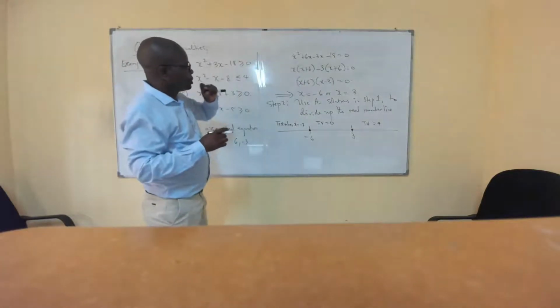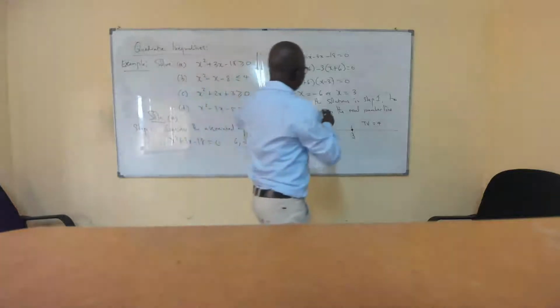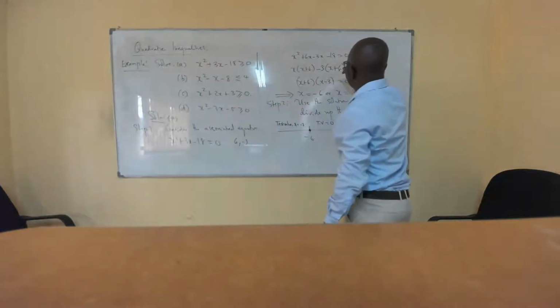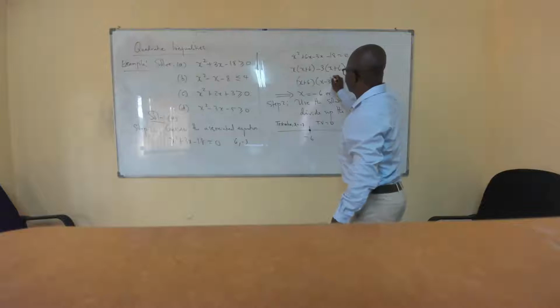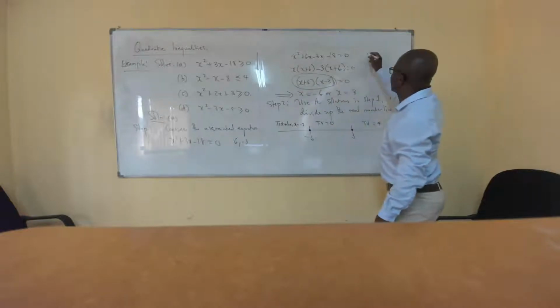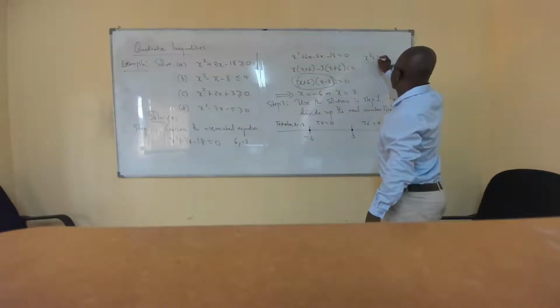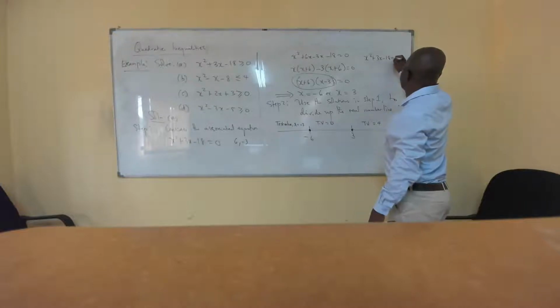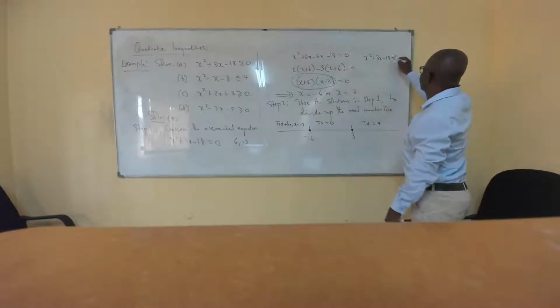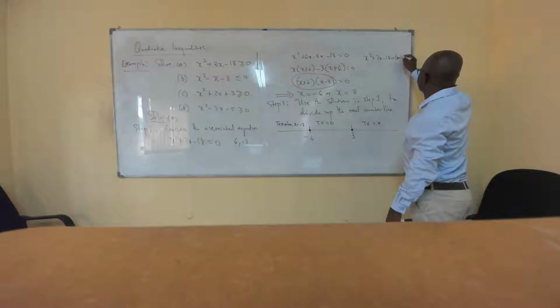Normally, it's advisable to use the factored form. Remember, after factorizing, x squared plus 3x minus 18 is equivalent to (x plus 6)(x minus 3).